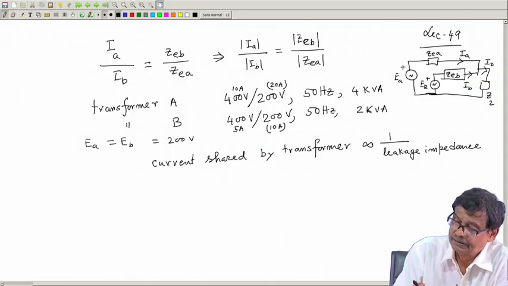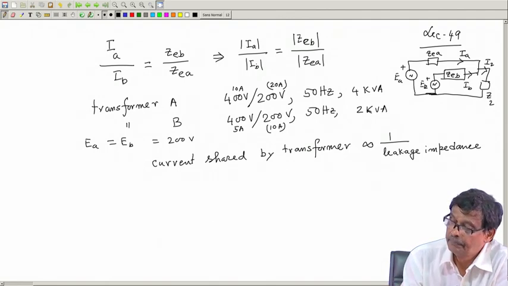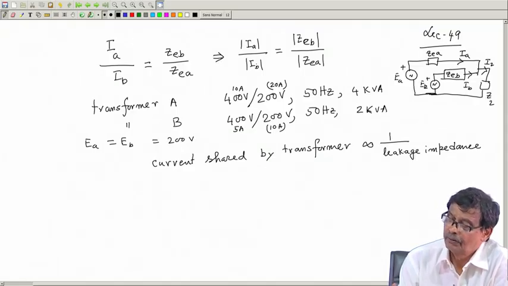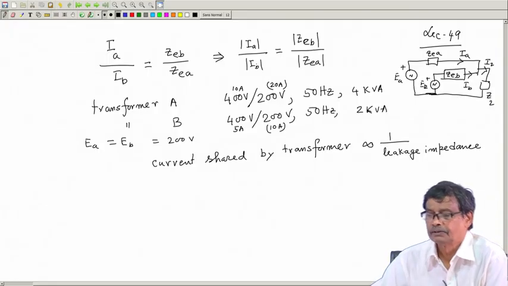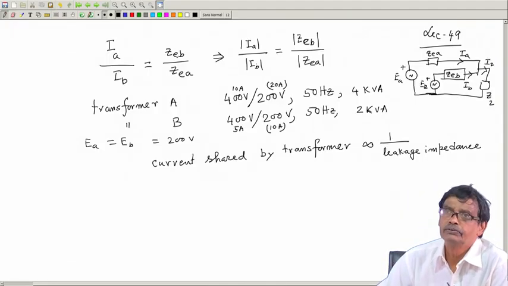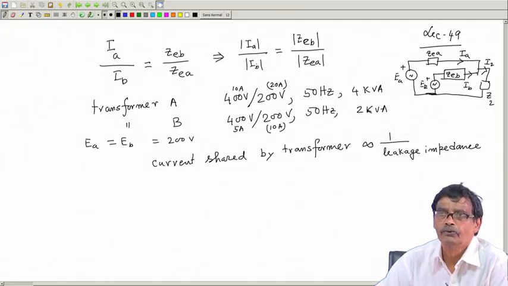Now, what is the important thing? See, our intention, as I told you in the last class as well, is that whenever transformers are in operation, it is always nice to operate the transformer at full load. Because that is why your investment will then become meaningful.